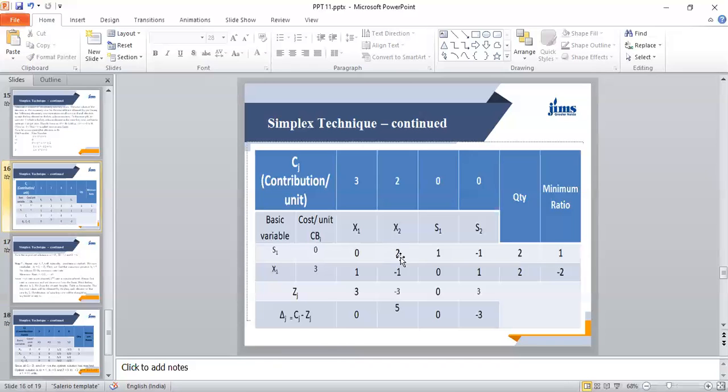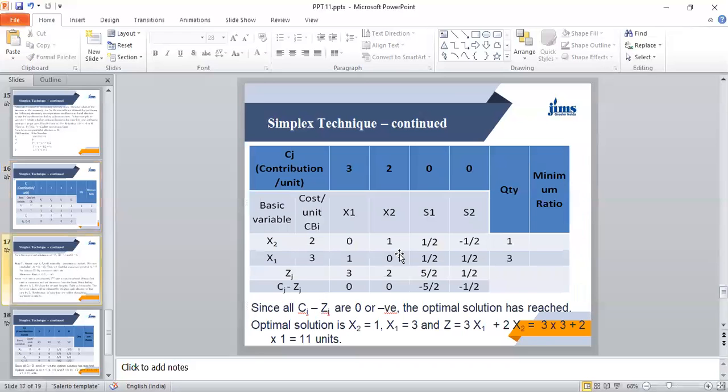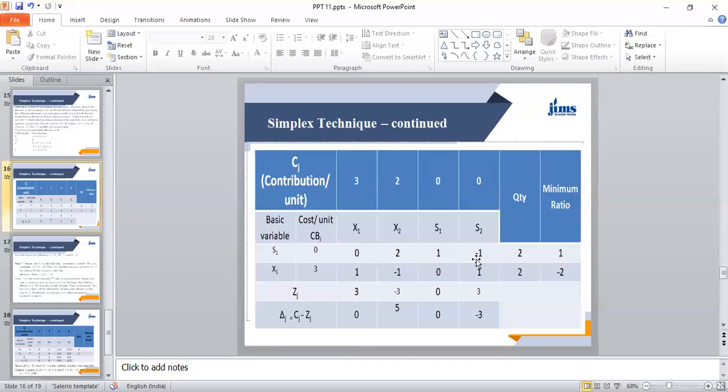So 0 by 2, 0; 2 by 2, 1; 1 by 2, 1 by 2; minus 1 by 2; 2 by 2, 1. You note these down so that you can see the next table. And the minimum ratio has to be changed again. So 0, 1, 1 by 2, minus 1 by 2.